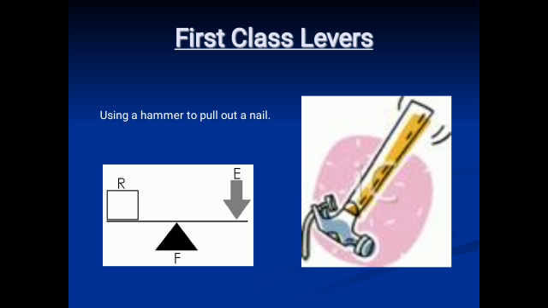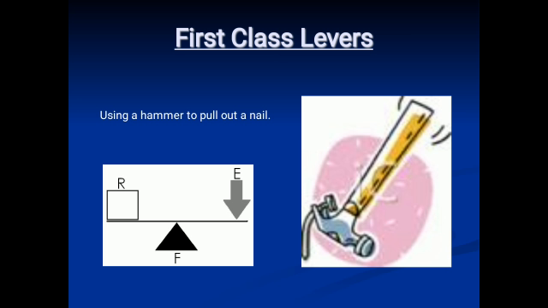In the same mechanism, if you have to remove a nail, the handle of the crowbar is where we apply the effort at one corner, and the fulcrum point is at the round end of the crowbar, and the V end is placed on either side of the nail head, and it is being pulled out.